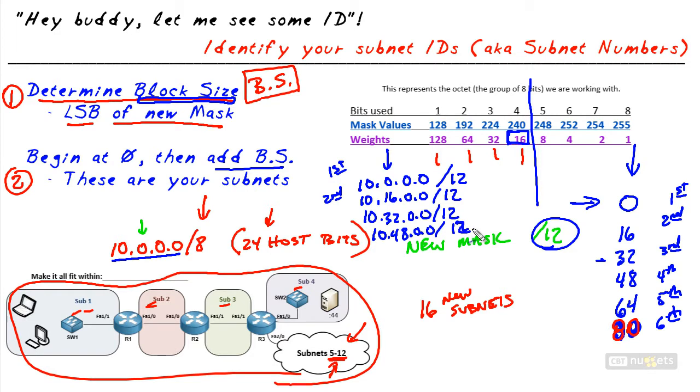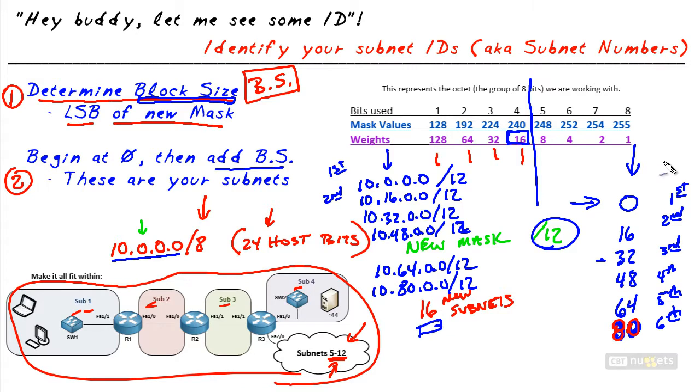And it's important to put the mask on there so that you can communicate exactly how many bits are being used for the network, and the remainder bits are host bits. And then we have 10.64.0.0/12 and 10.80.0.0/12. And if we continue this process, we would actually get up to a point where we have 16 possible new subnets because of the 4 bits that we're stealing.